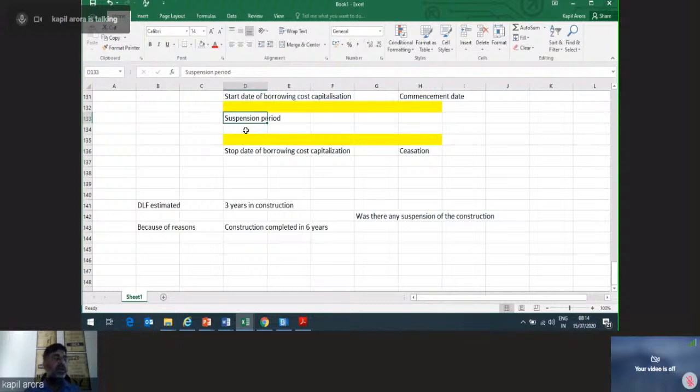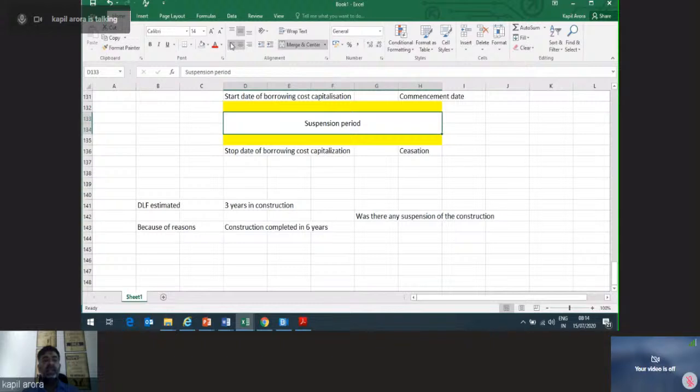Borrowing cost is related to a qualifying asset, and it will only be added to the asset when construction is in process. If there is a suspension, that period will not be considered, and we will not add the borrowing cost related to the suspension period to the value of the asset.